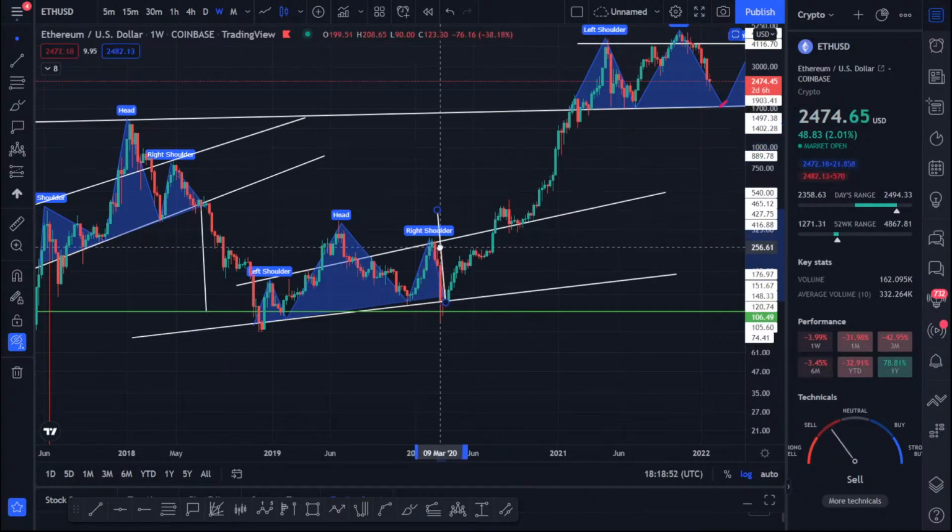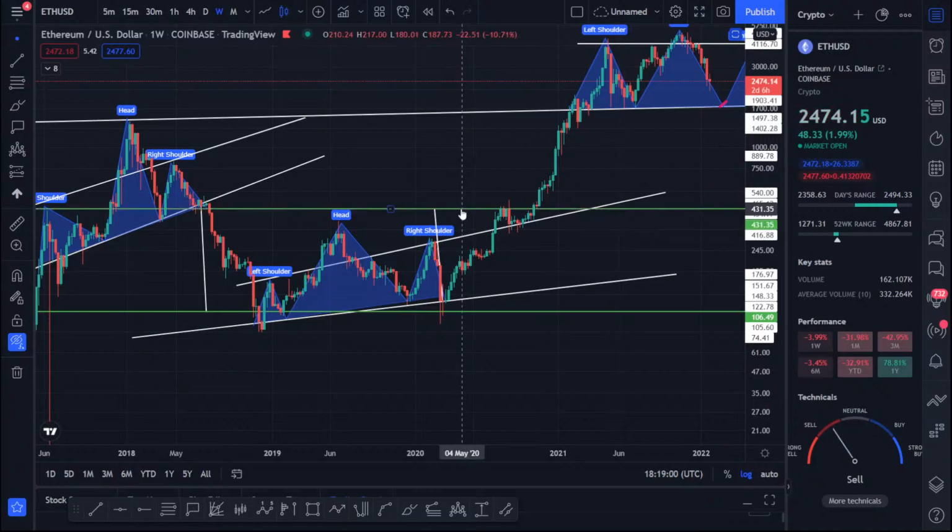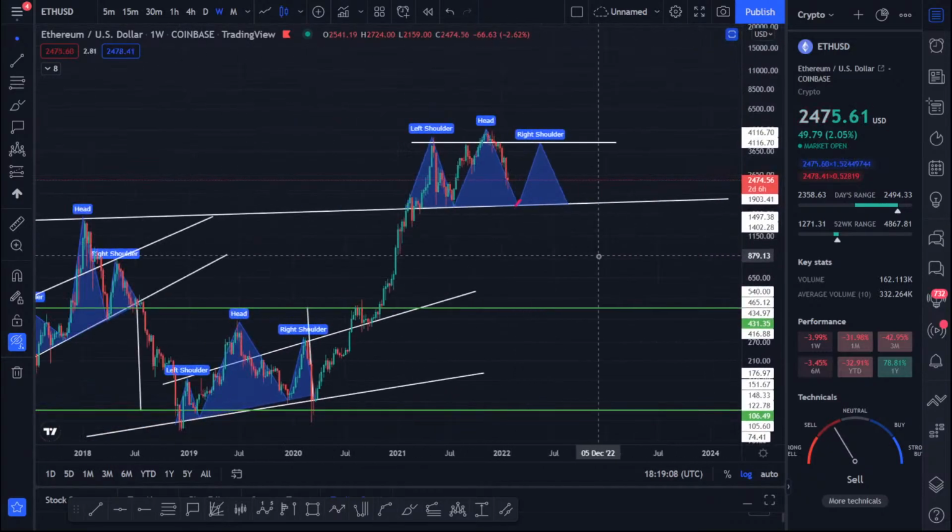Whenever it breaks to the top side, you measure it from the support level, and right over there it met that target, came down, support was found, went up. So it met that target.